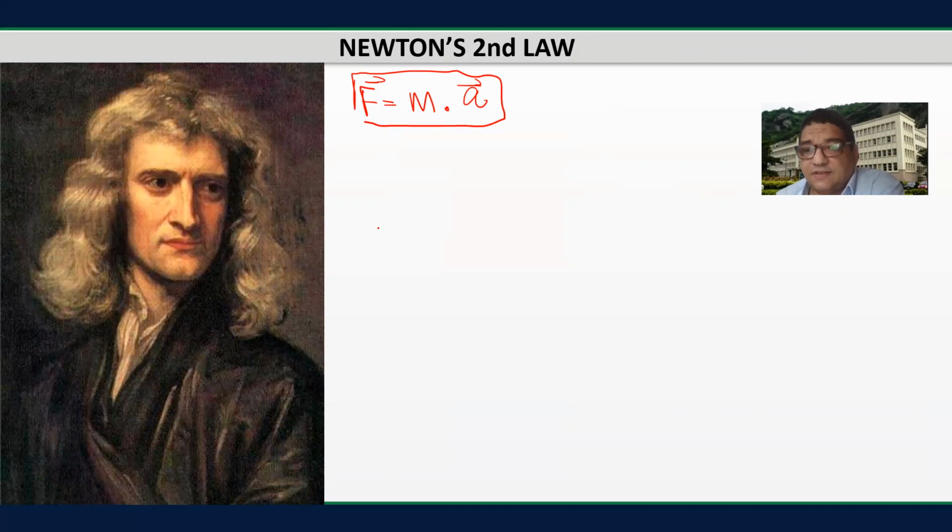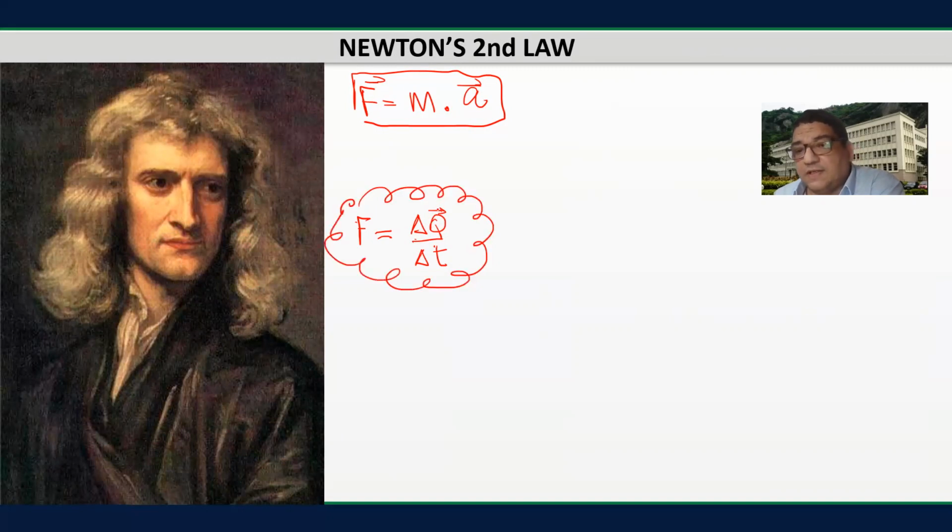Newton said the following expression: F is equal to the variation of movement quantity over the variation of time. This is Newton's second law.